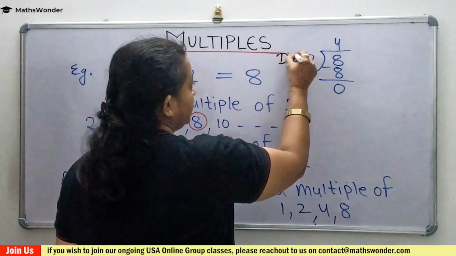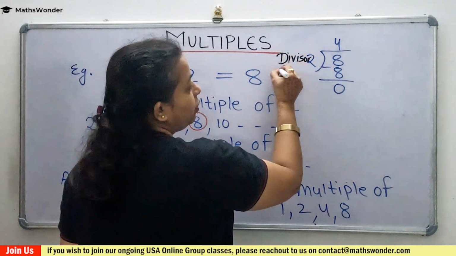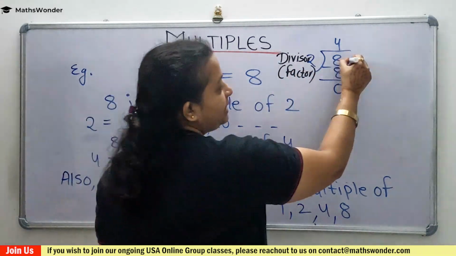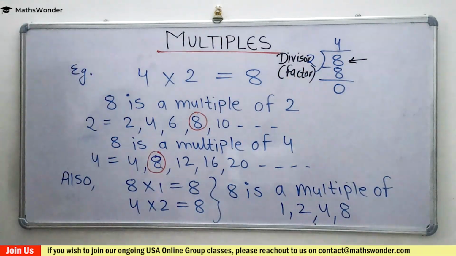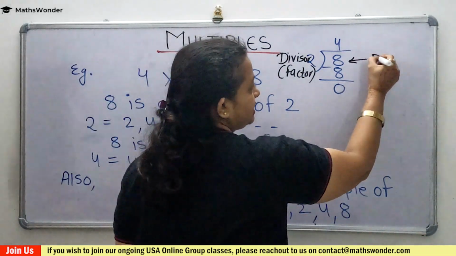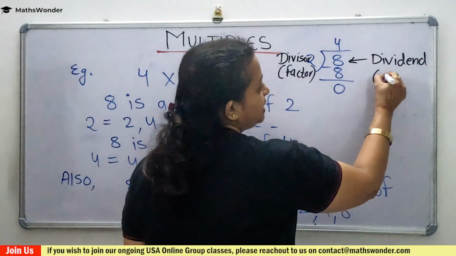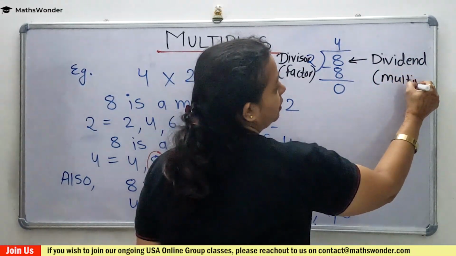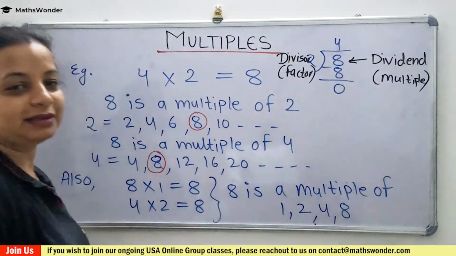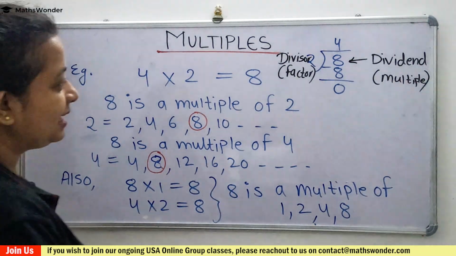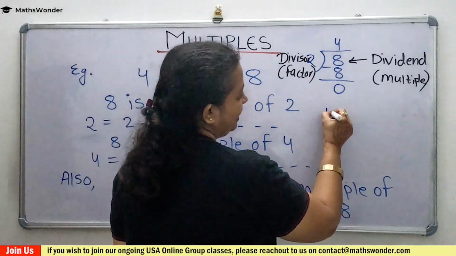The divisor is always considered a factor. And this 8 is what? Which part of the division? Dividend. So the dividend is always a multiple. Always remember. Does it always have to be? Because sometimes there's going to be a remainder.